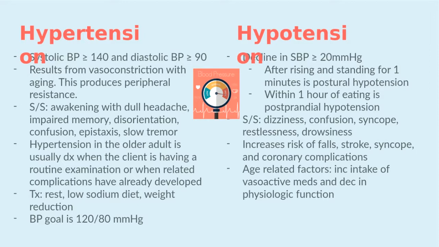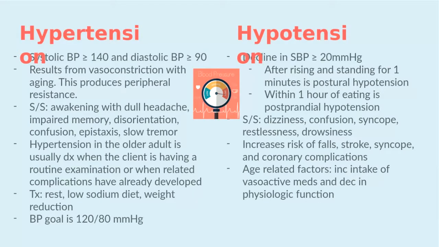Hypertension is considered when you have a systolic blood pressure greater than or equal to 140, or a diastolic blood pressure greater than or equal to 90. It results from vasoconstriction with aging, and this produces peripheral resistance.